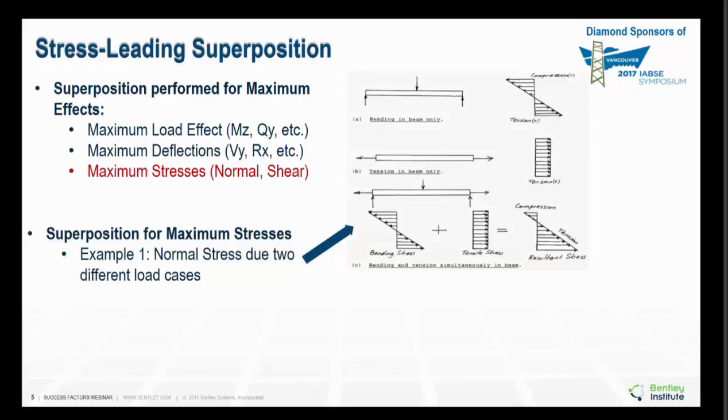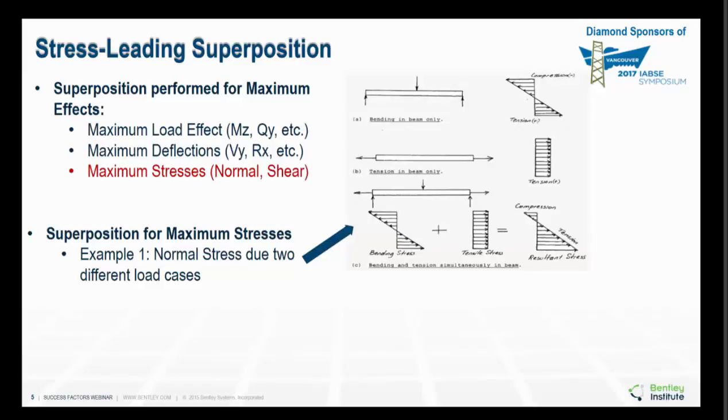Let's look at 2 examples where this maximum stress comes into the picture and is important. Before that, I should mention that the first 2 items, finding the maximum load effect and maximum deflection, are already inside RM Bridge, and users can find and see them. But the next one, finding the maximum stresses and using them as a leading component, will be added in the March release.